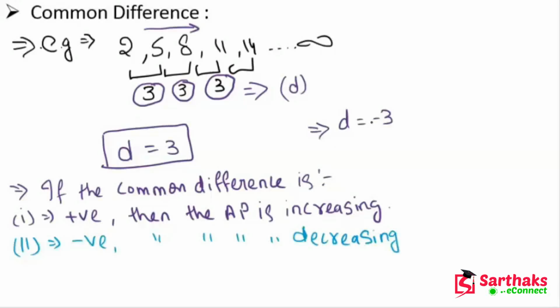In that case, the AP is 14, 11, 8, 5, 2. If you observe this, the common difference is negative and the AP is decreasing. You can also verify it by subtracting: 11 minus 14 is -3. Okay, my dear friends, now let's go on.